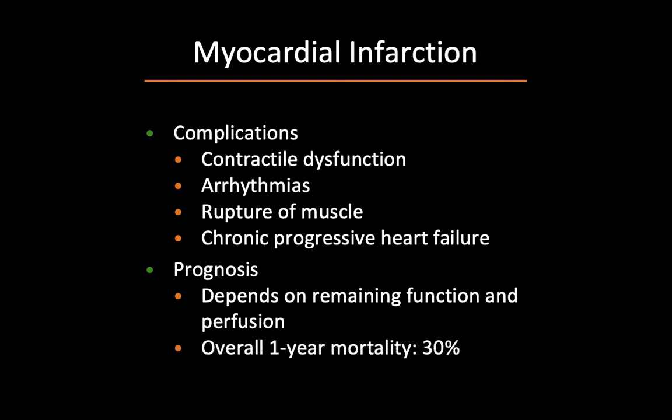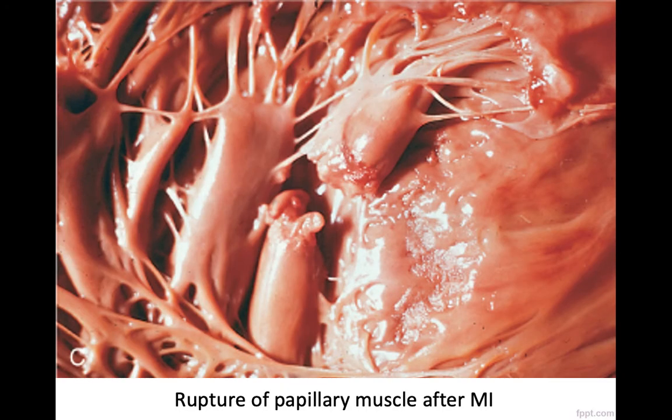Overall, we have a 30% mortality rate 1 year after a heart attack, 3 to 4% mortality per year thereafter. So it's really important to get your patient exercising and eating well and making sure that they keep what they have of their heart, if at all possible, as healthy as possible.